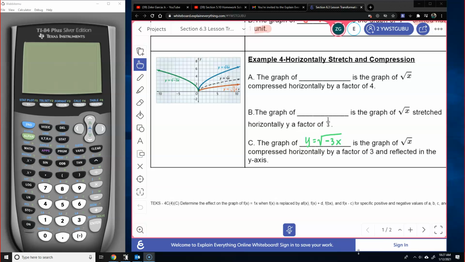Now, if it's going to be stretched, we're going to have y equals the square root of 1/3 x. So that 1/3 is going to stretch horizontally. And then the last one, which is the blue one, is going to compress it horizontally.